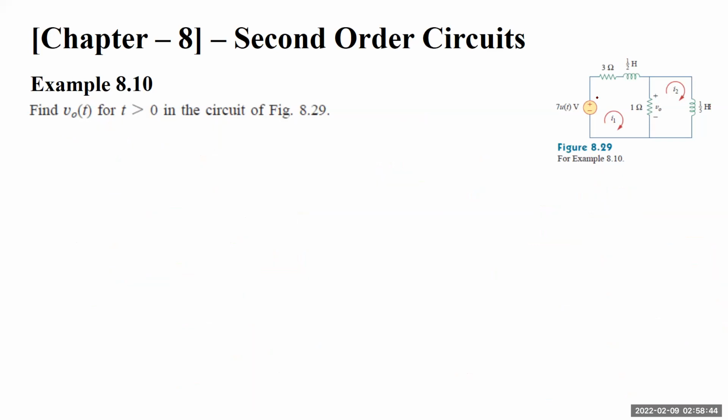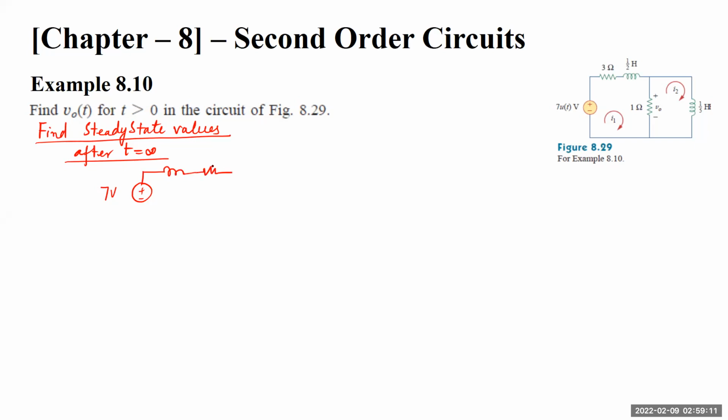Let's do that. Sorry, before that, find the steady state value. For steady state values, after time infinity, this circuit will look again plus minus, this is 7 volts. Let me redraw it.